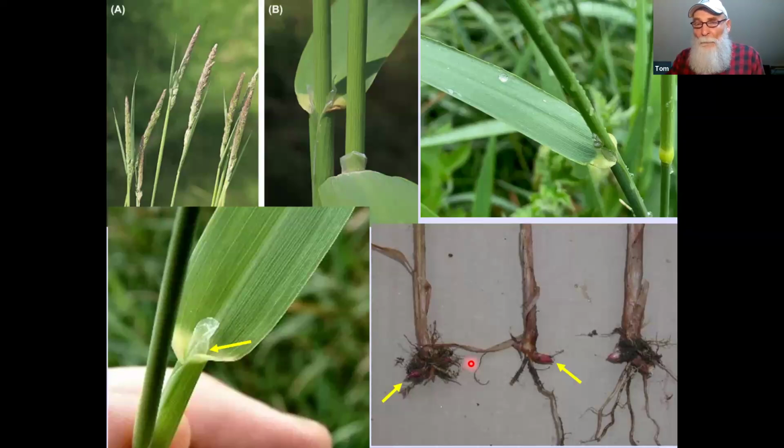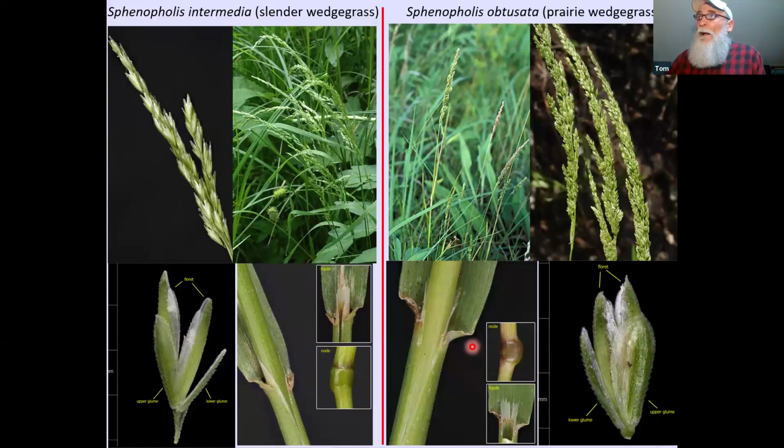Well, I was asked to compare this with a few species, and one of them is this species here, which is wedge grass. A couple of species of wedge grass, Sphenopholis intermedia and Sphenopholis obtusata. They have a little bit of a gestalt look.